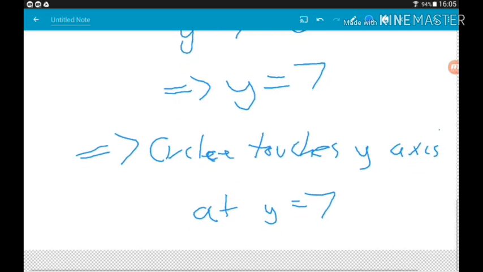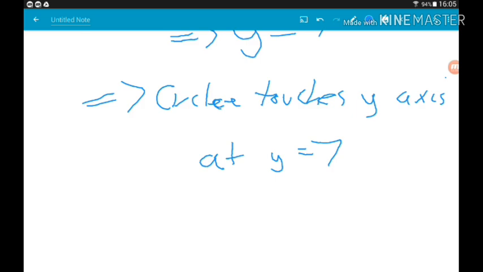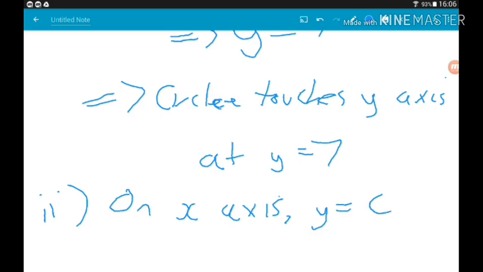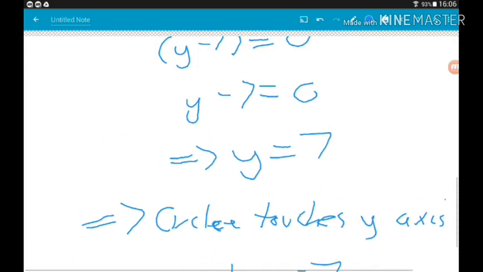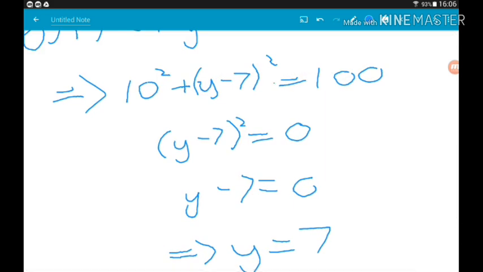Okay, then for part 2 of B, this time we want to show that it crosses the x-axis at 2 distinct points. So on the x-axis, this time y is equal to 0. So we substitute into our equation y equals 0.